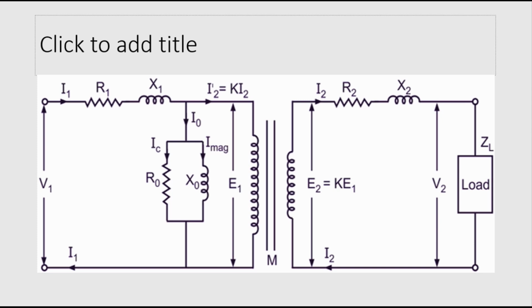And now there are the terms exact and approximate phasor diagram. This will be considered as exact, that means the components are placed exactly as per the path of the current. But if we follow this particular phasor diagram, we'll have difficulty in doing our numerical problems.